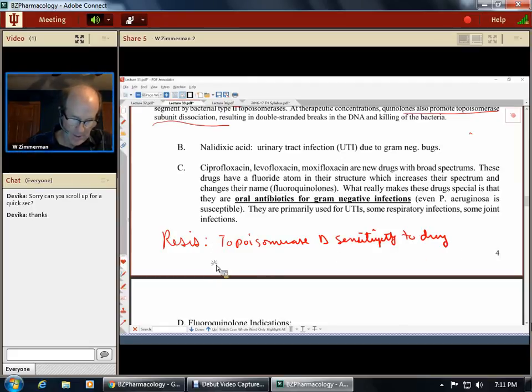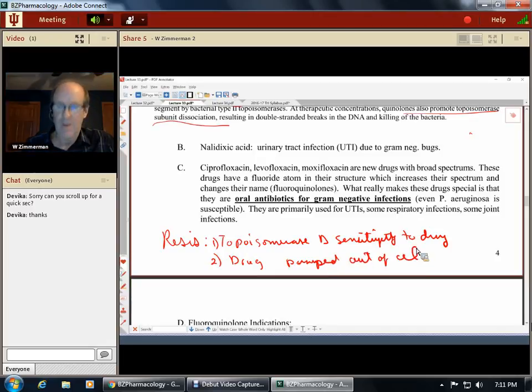And sometimes the drug is pumped out of the cell. So that's the bad news, is we are seeing some resistance.